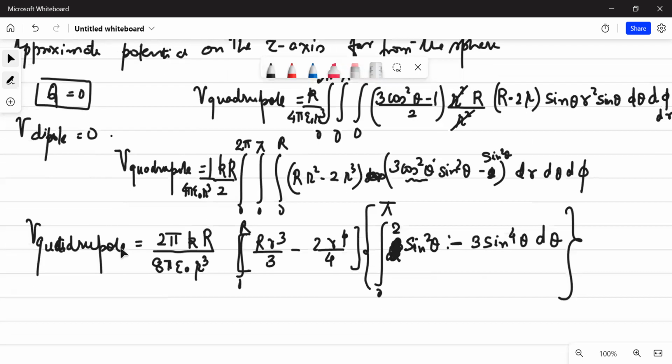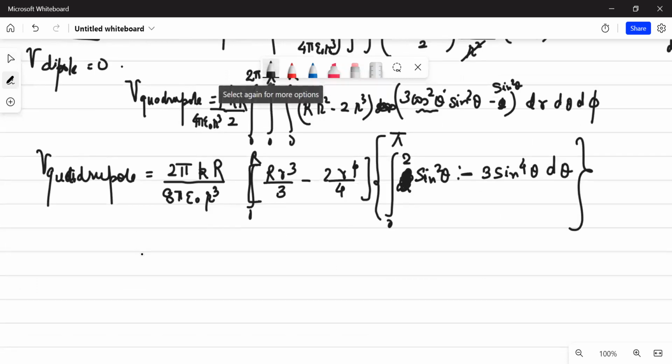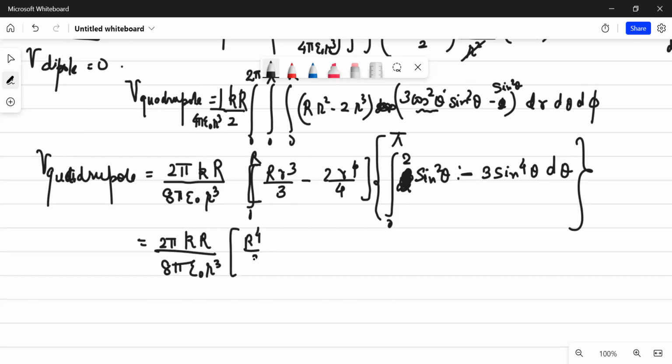Okay. And finally, I can write this as 2 pi, then I will write k, and then I will write r, and then I will write 8 pi epsilon naught, and then I'll write r cube. If I replace this r here, so this will be r to the power 4 divided by 3 minus r to the power 4 divided by 2. This is 2 by. Okay? And this integration, let's take one more 2 outside.